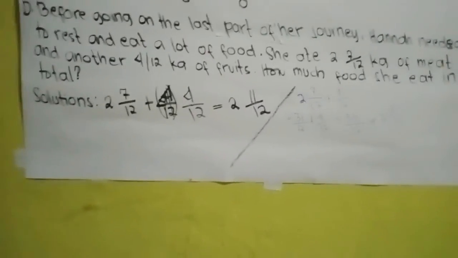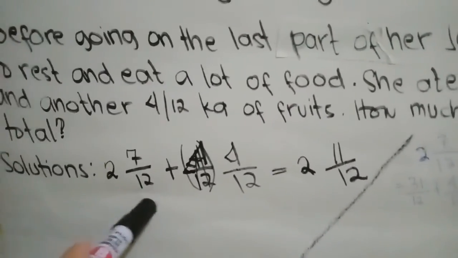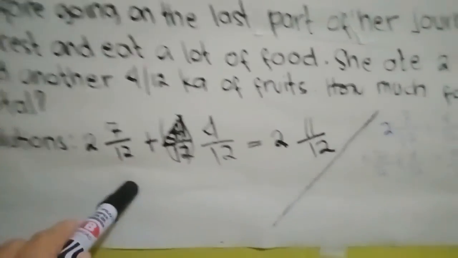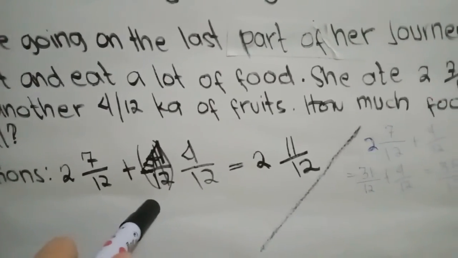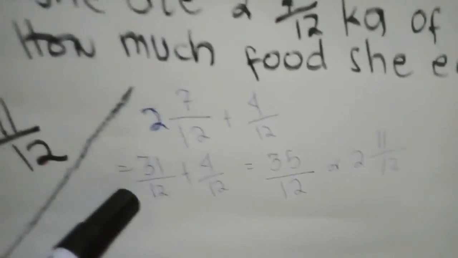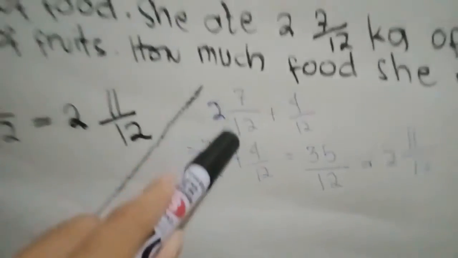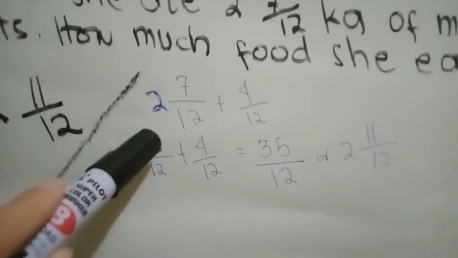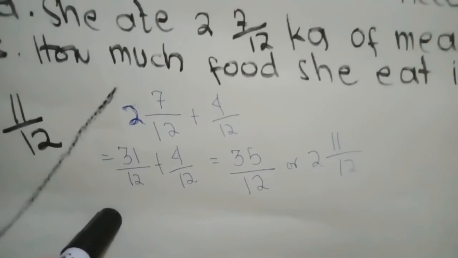So, di ba, ang sa fraction is, if pareho sila ng fraction, i-add agad. Pero dahil hindi sila pareho ng fraction, ang isa mixed number, tapos ang isa proper. So, ang mixed number is i-change natin into improper. So, like for the example, like this. 2 and 7 over 12 plus 4 over 12.